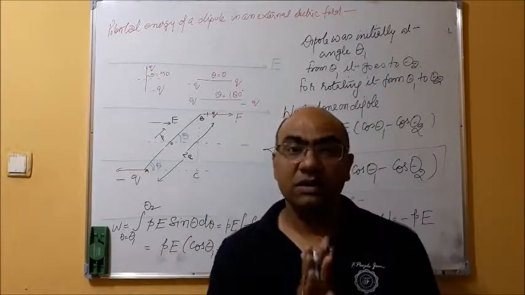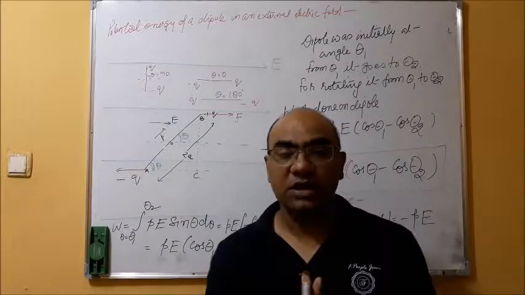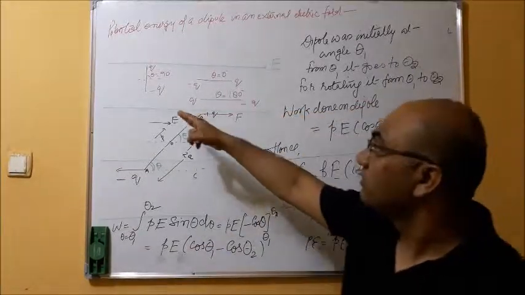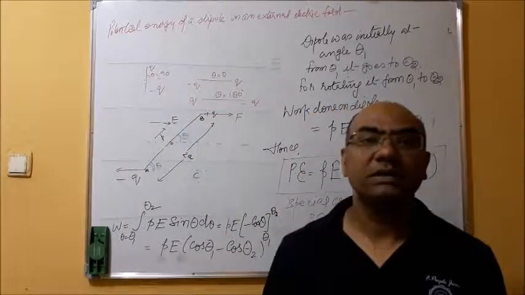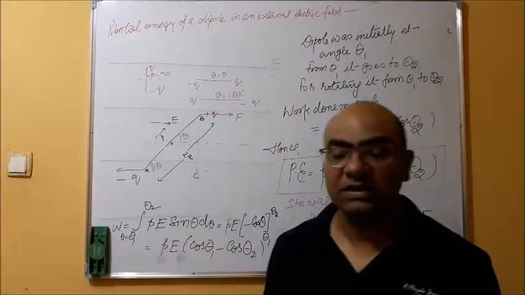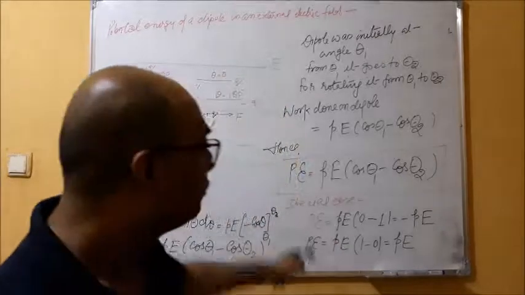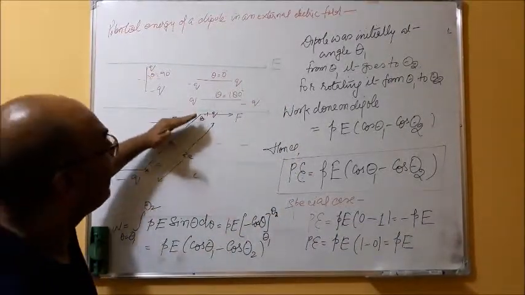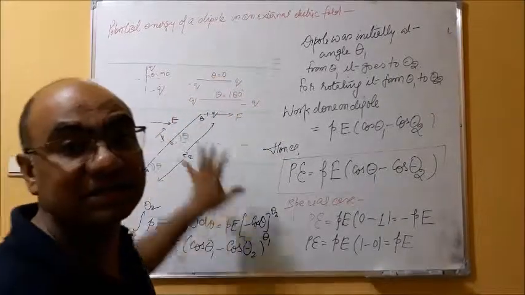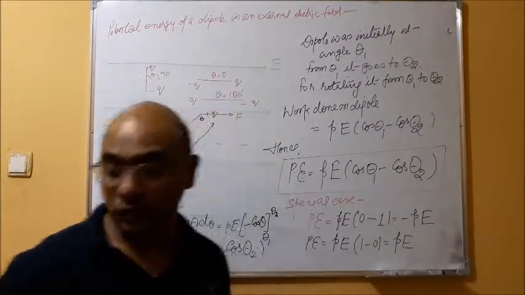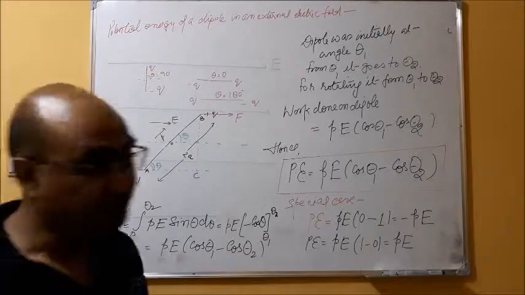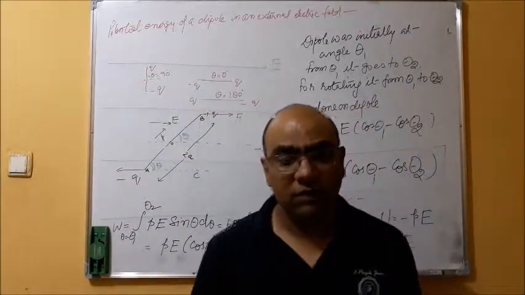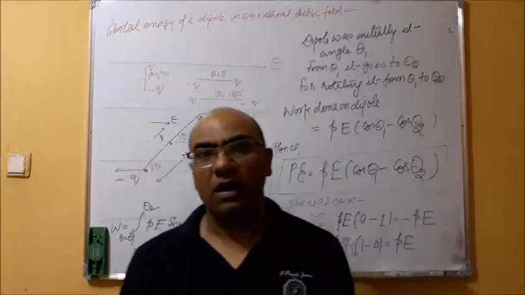So this dipole will be at rest when it is kept vertical, theta is 90 degrees. I hope the concept of potential energy stored in a dipole when it is placed in an external electric field is clear to you.